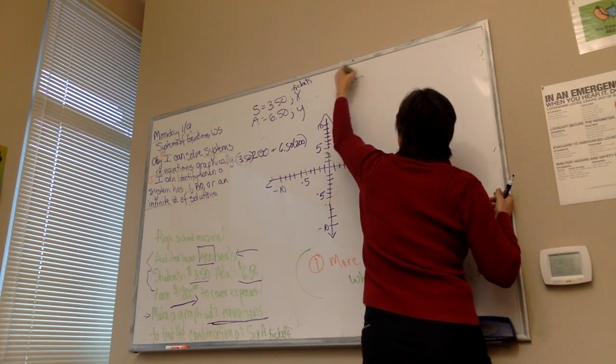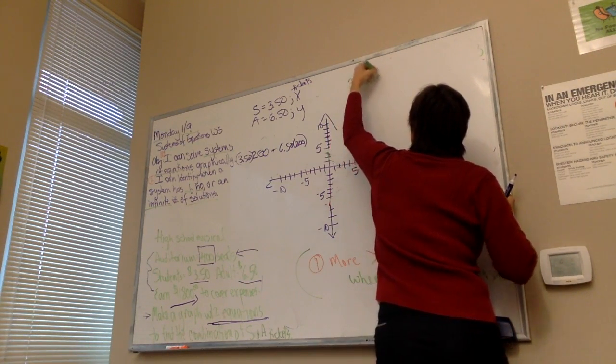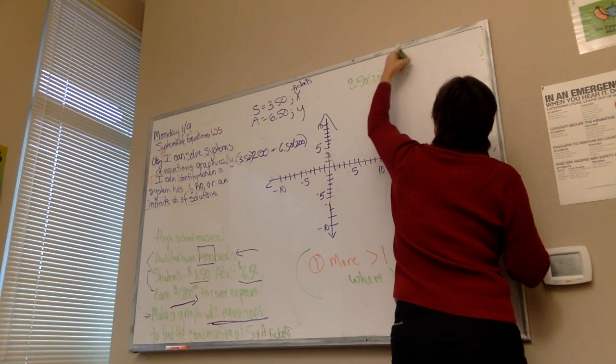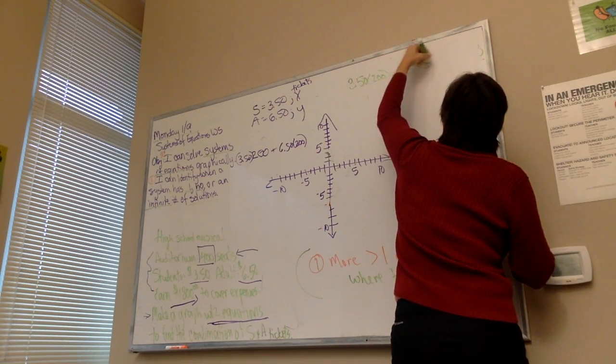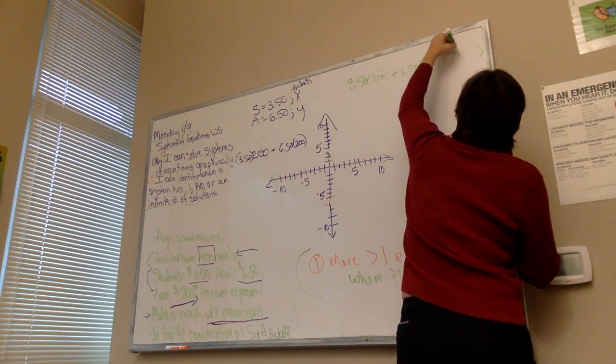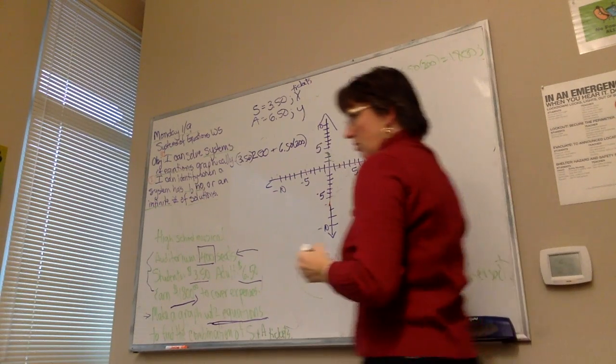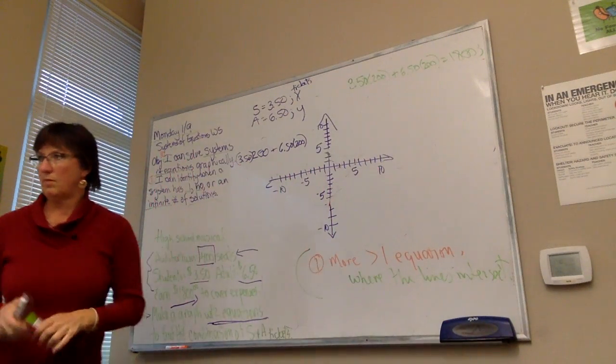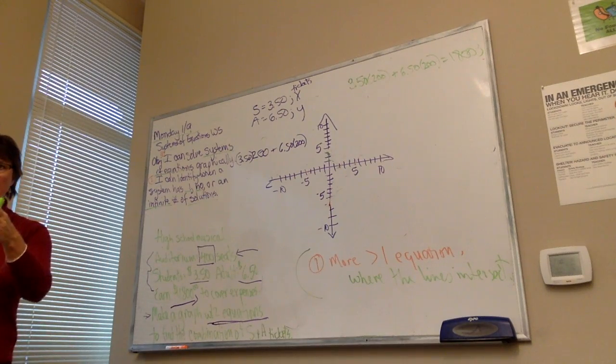So if we have 350 times 200 plus 650 times 200, that has to equal 1,800. Is that where you were going?